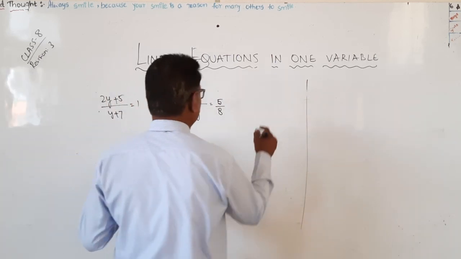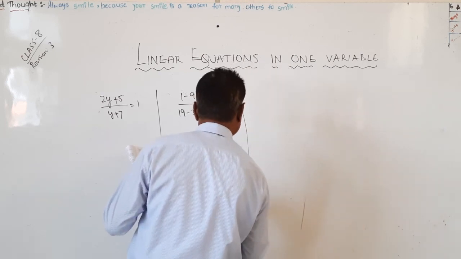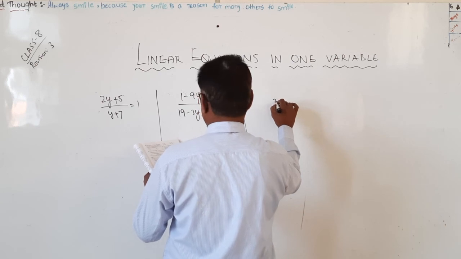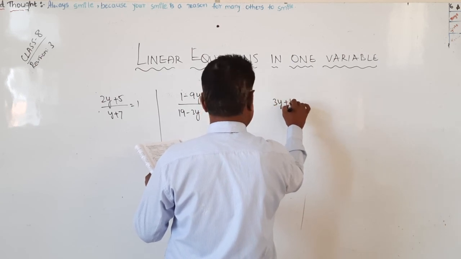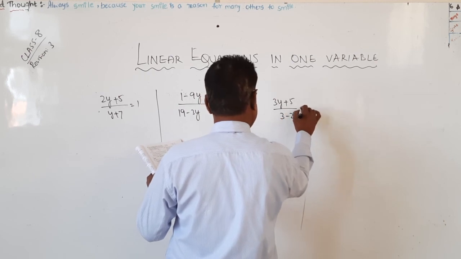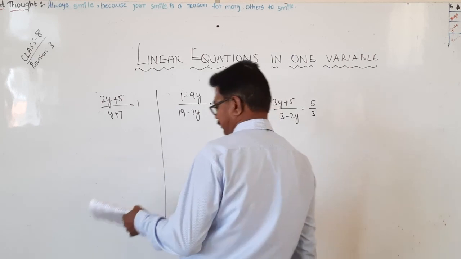One more. 3y plus 5 divided by 3 minus 2y equal to 5 by 2.